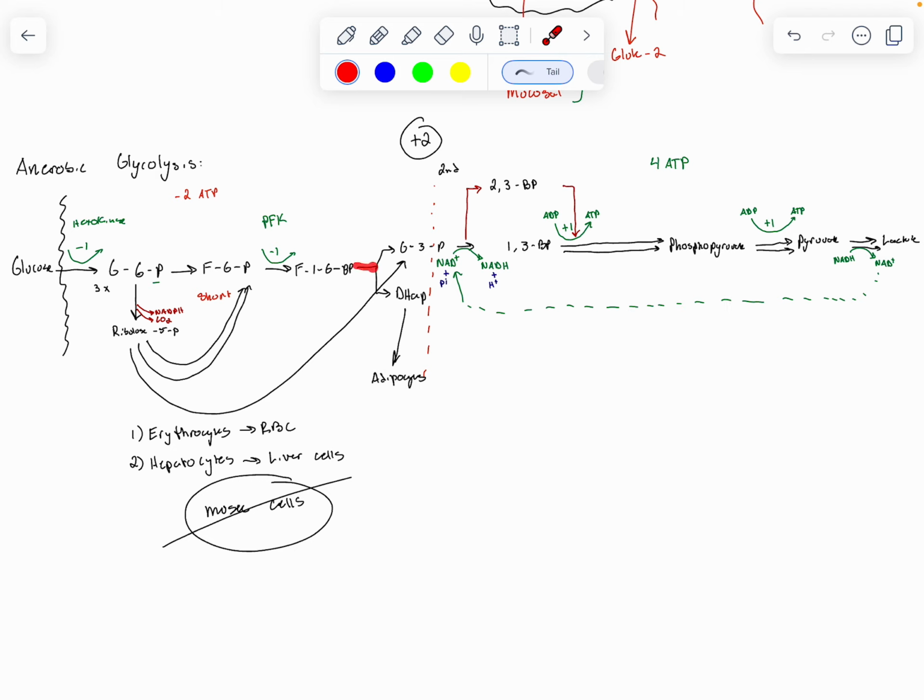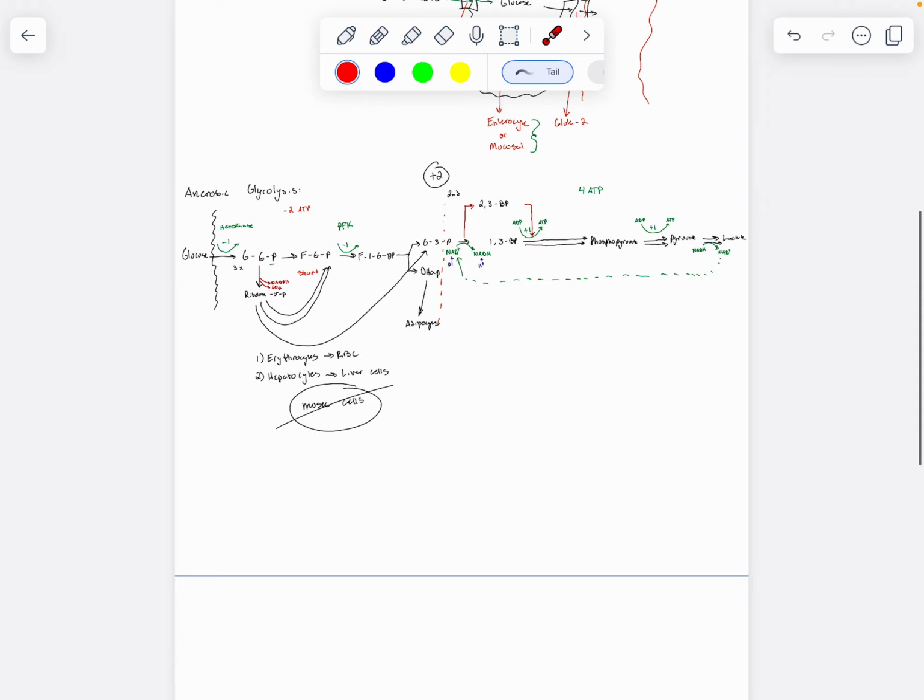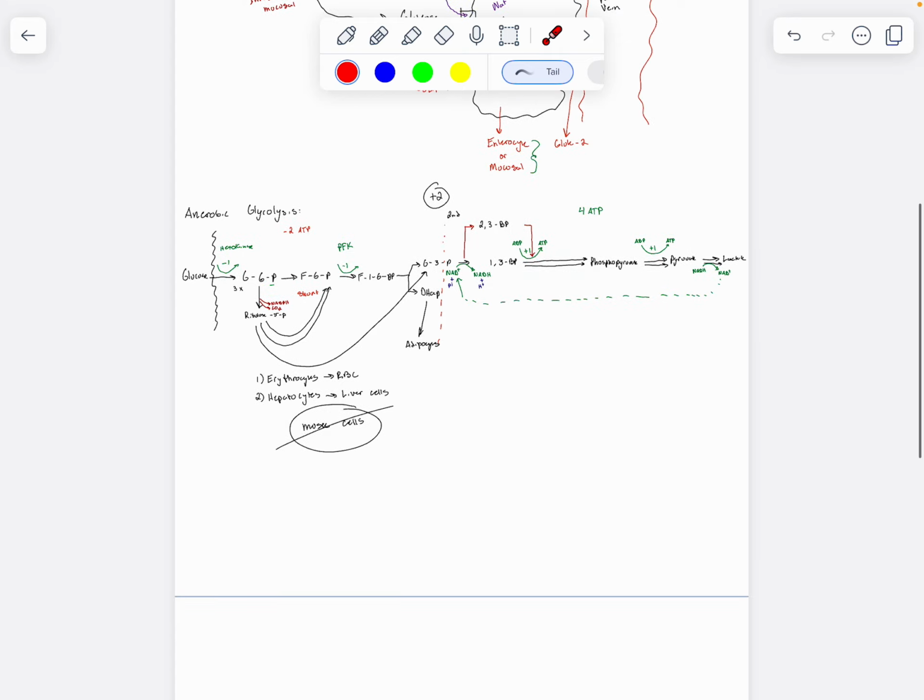So what's going to happen is F16 bisphosphate is going to turn into DHAP, and our body's going to say, let's store this glucose in some storage form. It's going to go through a ton of different processes to eventually be turned into glycerol and eventually into triglycerols and diglycerols downstream. I talked about that a second ago, but it's never a bad idea to know. But yes, for anaerobic glycolysis, that is what we need to know right now.